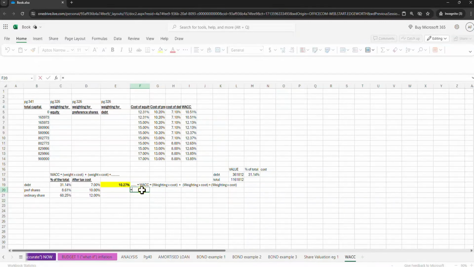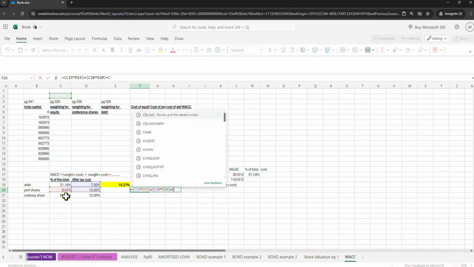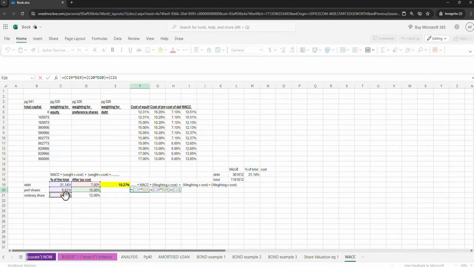It would have been brackets this times this, close brackets, plus this times this, close brackets, plus this times this, close brackets, plus. It's just a simpler way of doing it.